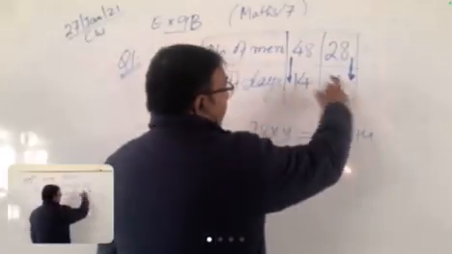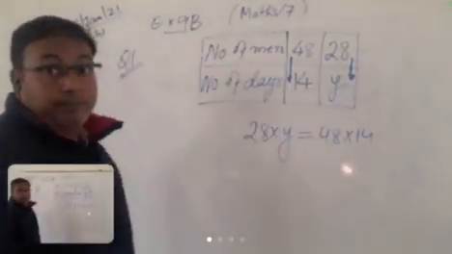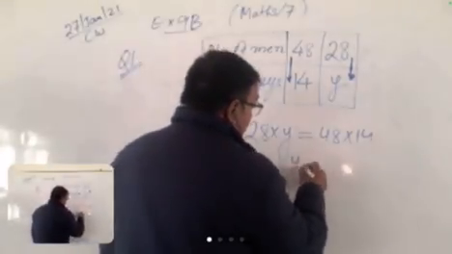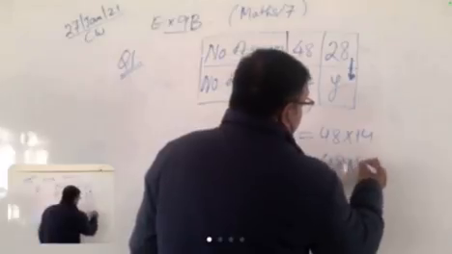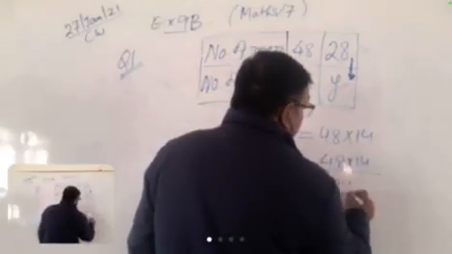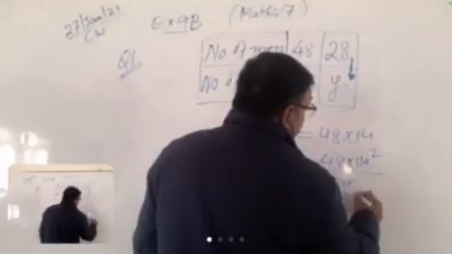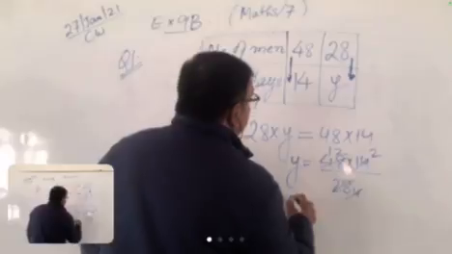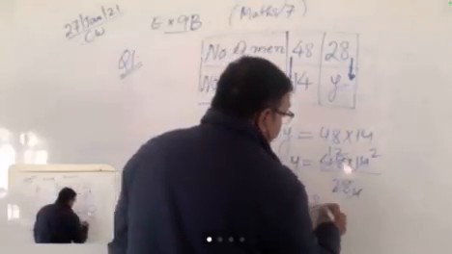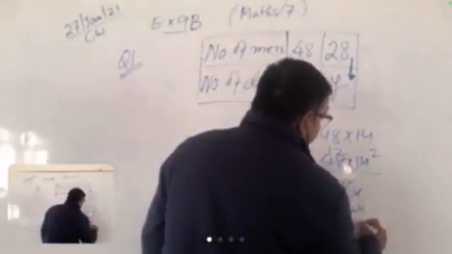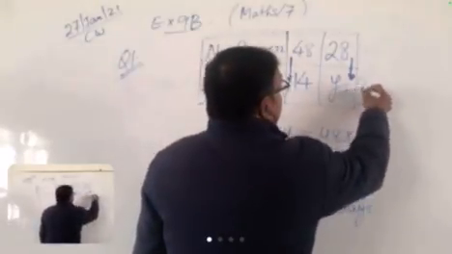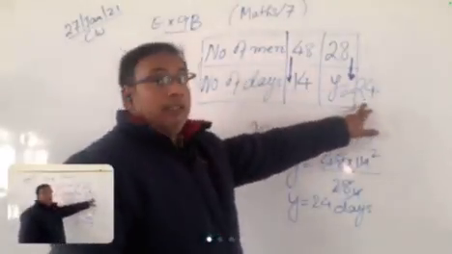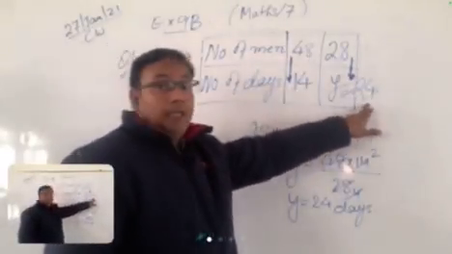That is why we have to make the arrow downwards and then solve it. So y is equal to 48 upon 48 multiplied by 14. So y is equal to 24 days. Now you see, this is 24, 48, this is decrease and this is increase.